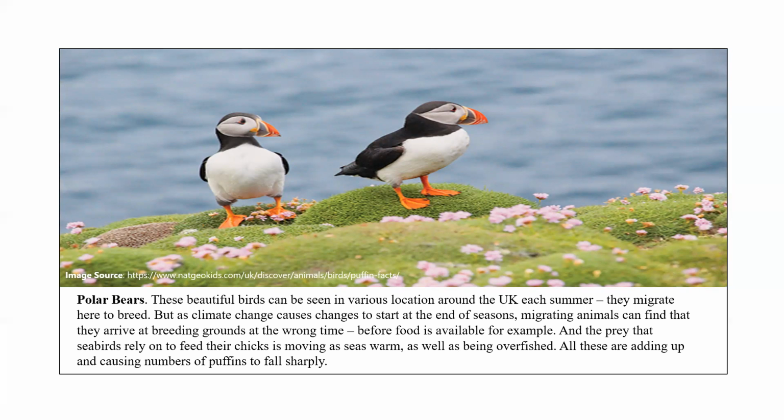So we also have this one. These are beautiful birds. My apologies, not polar bears. These beautiful birds can be seen in various locations around the UK in summer. They migrate here to breed, but as climate change causes changes to the start and end of the season, migrating animals can find that they arrive at breeding grounds at the wrong time. Meaning to say, they are somewhat deceived.